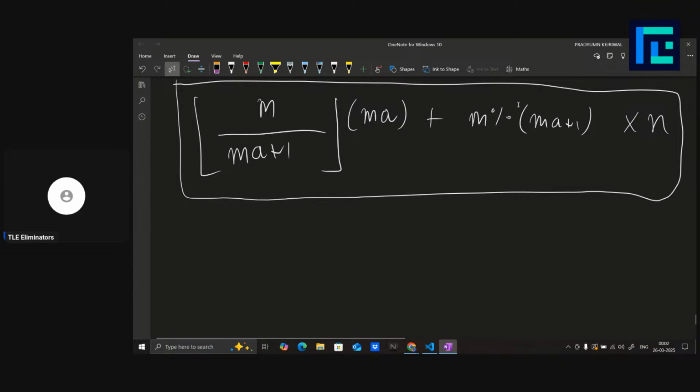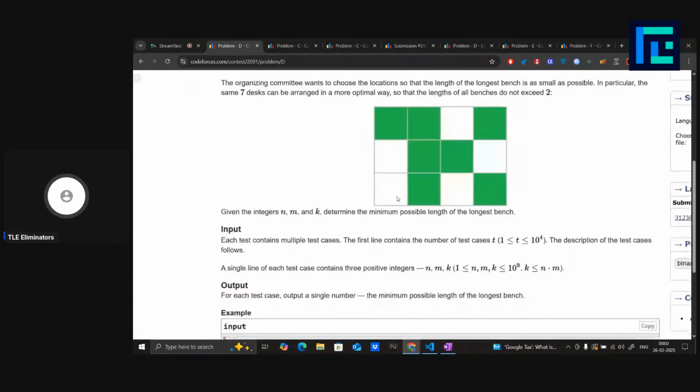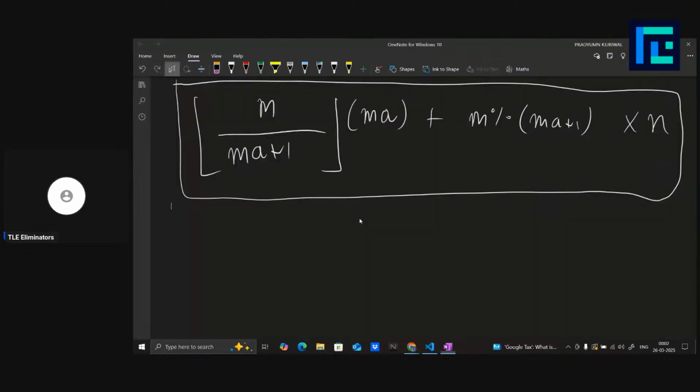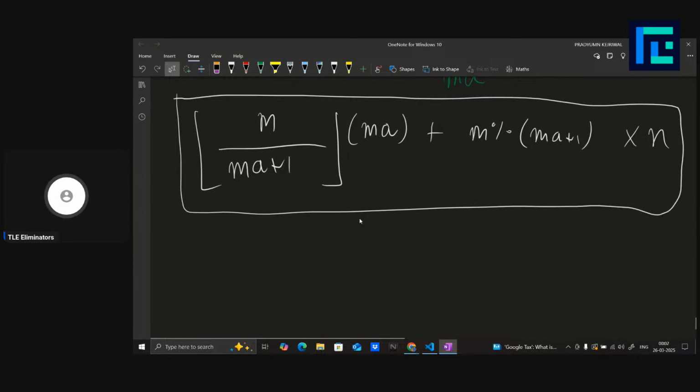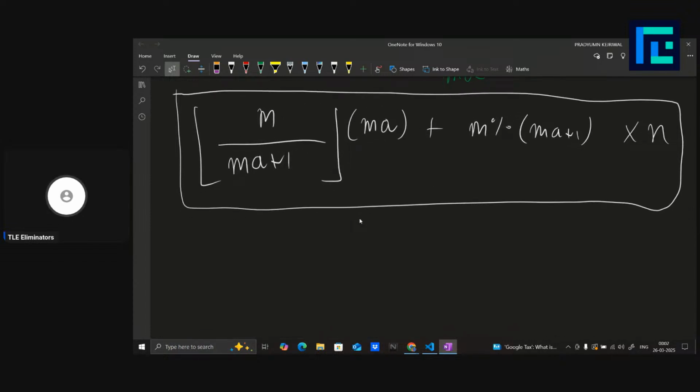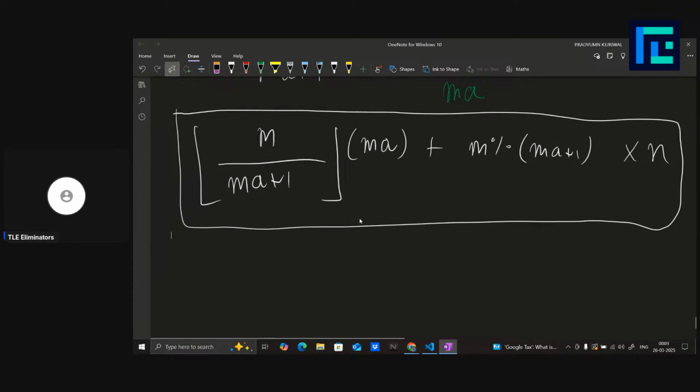But this is not what we have to do. Our problem was that we have to fit k people. So what is the minimum bench size that we require? But what we have answered is that given a bench size, what is the maximum number of people that we can handle?